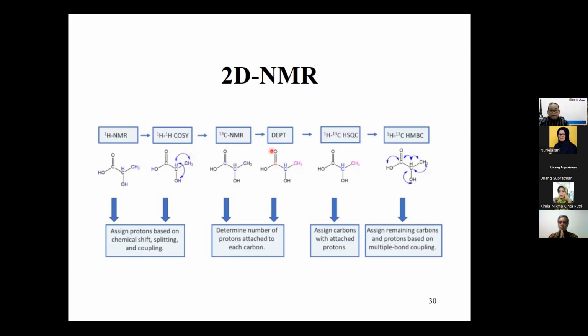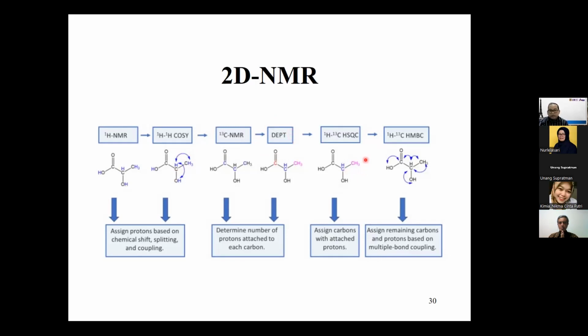For the DEPT, it's a 1D experiment. It explains the types of carbons. We have 4 types: methyl, methylene, CH, and also quaternary carbons. So this depends on the hybridizations, okay.